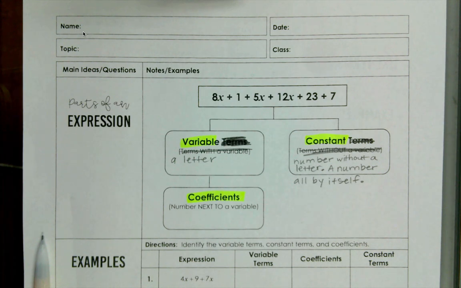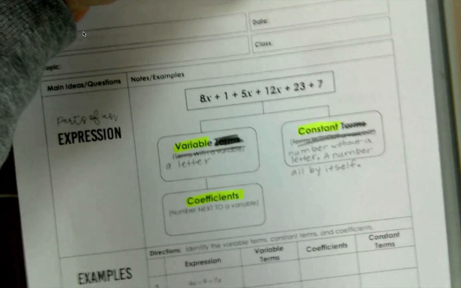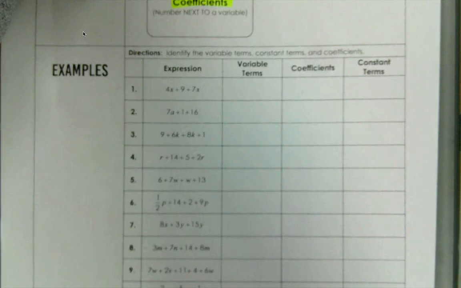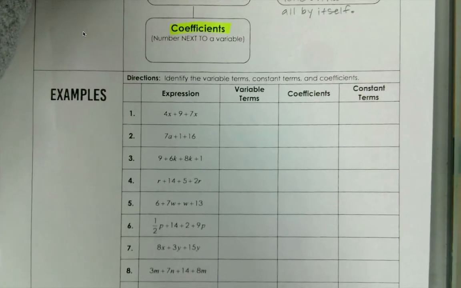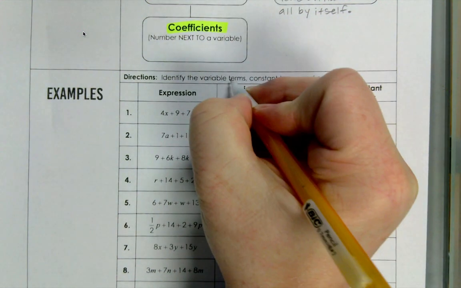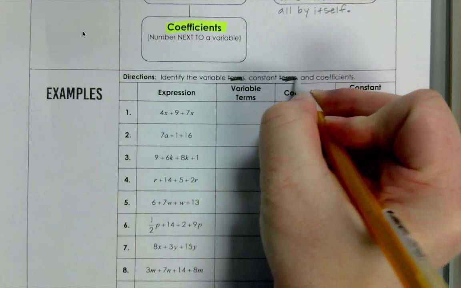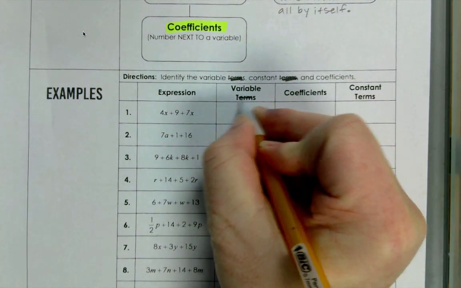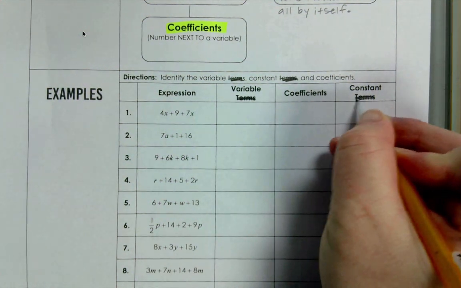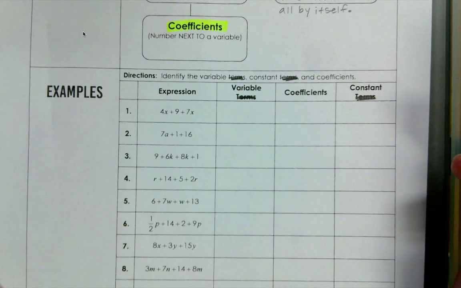All right. So let's look at this. So you're going to identify the variable, the constant, and the coefficient. Okay, so variables.